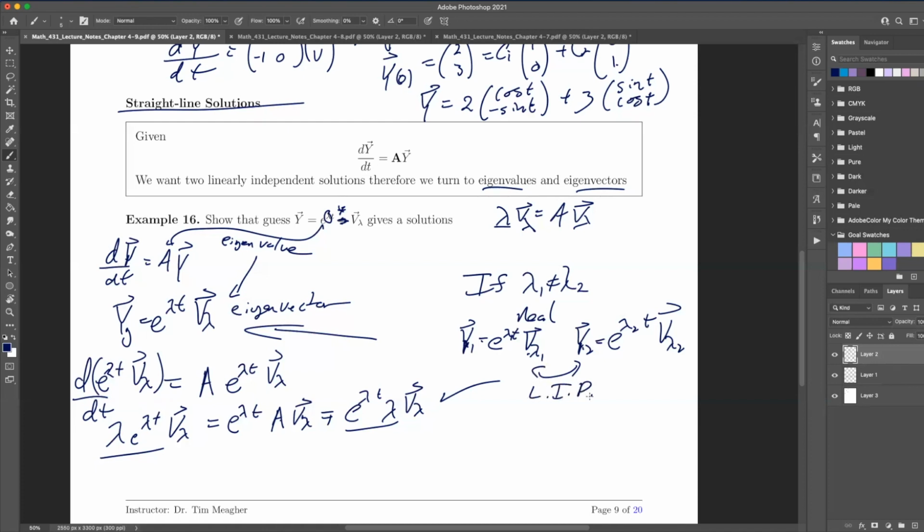Therefore we can create our general solution, which will be K1 e to the lambda 1 t v lambda 1 plus K2 e to the lambda 2 t v lambda 2. Okay, so that produces our first solution.